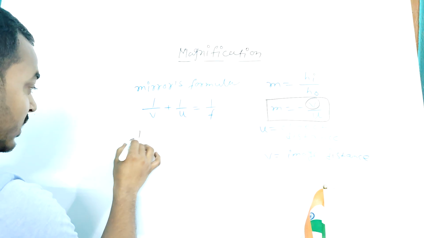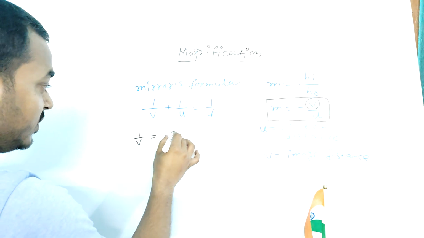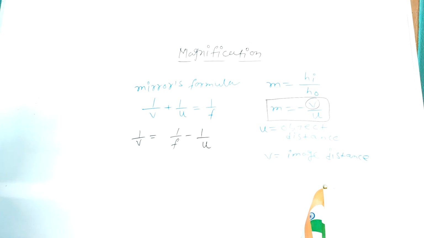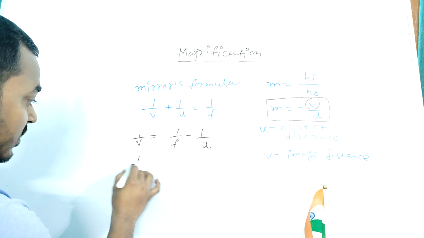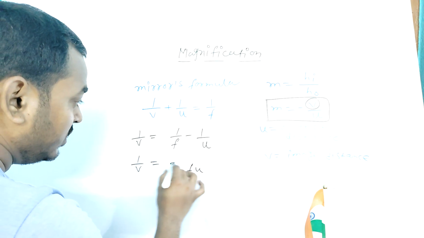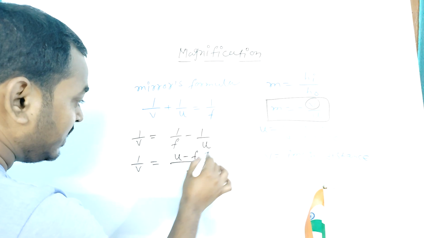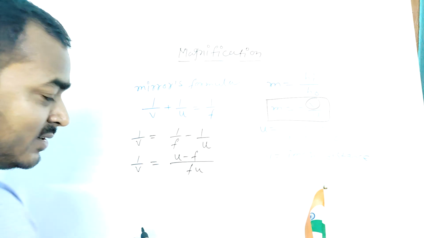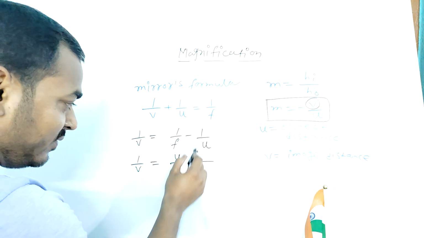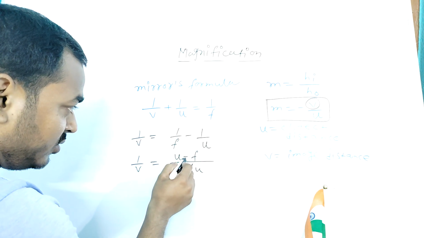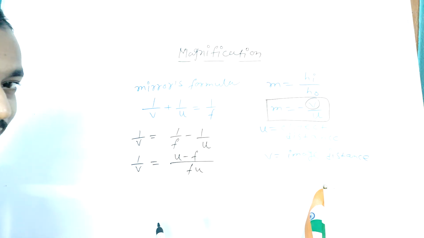So now 1 by v is equal to 1 by f minus 1 by u, or we can write 1 by v is equal to (u minus f) by fu. Simple LCM.